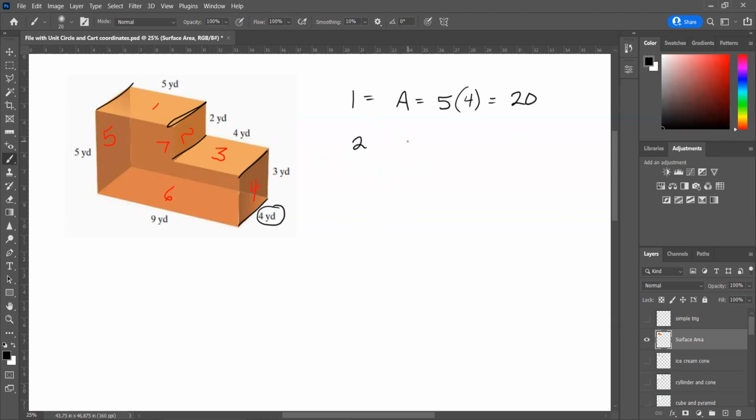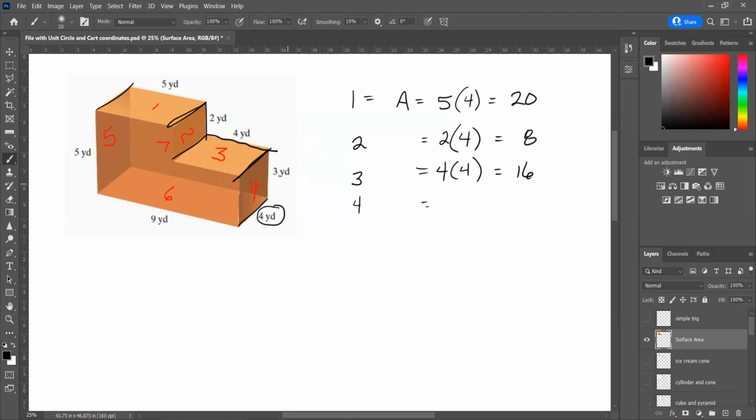For shape 2, we've got length of 2 and the width was 4 for 8. For shape 3, you're 4 by 4, which is 16. I use this length of 4 times that width of 4.